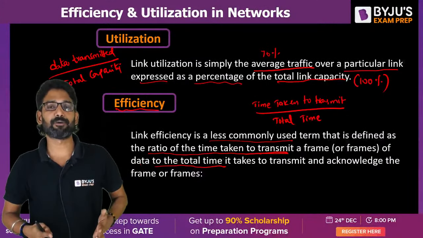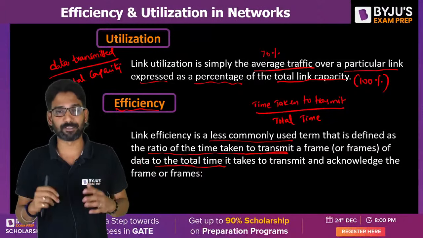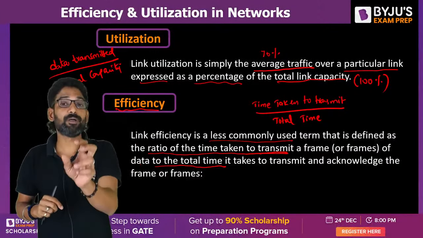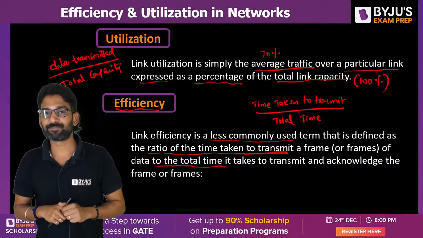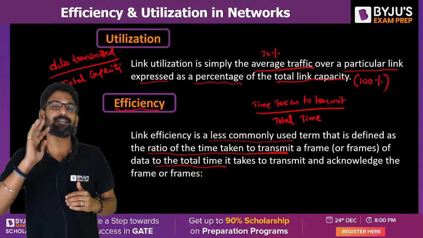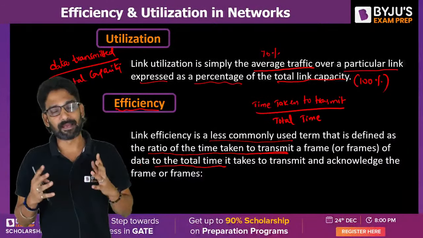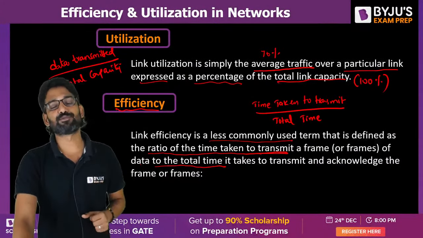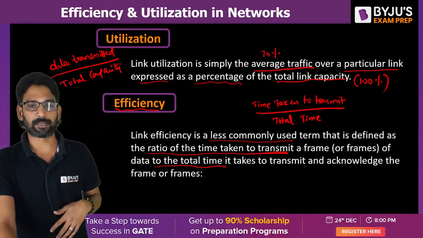Then I can confirm that the frame is delivered, received by receiver successfully. So out of this total time, how much time you are spending for transmitting the frame? Got it? So utilization, efficiency are more or less similar analysis.